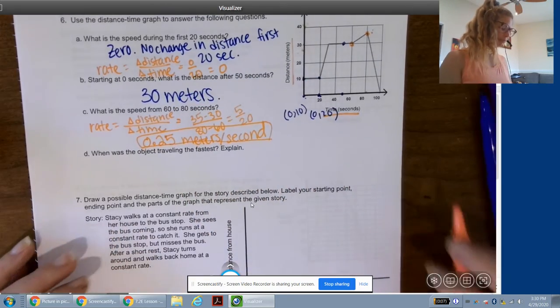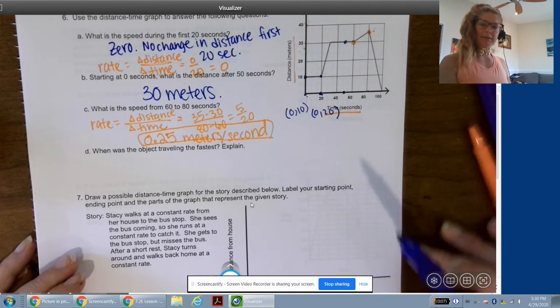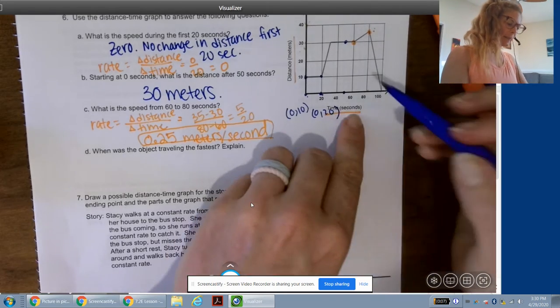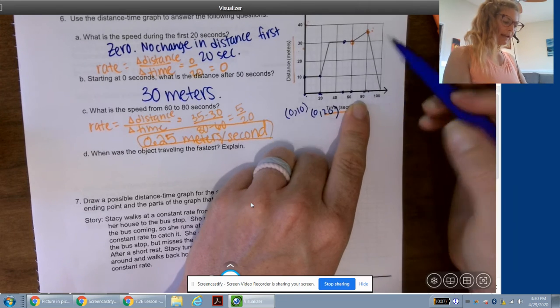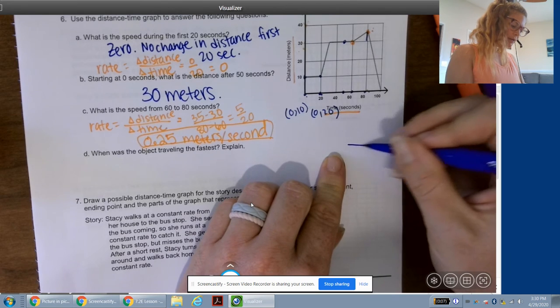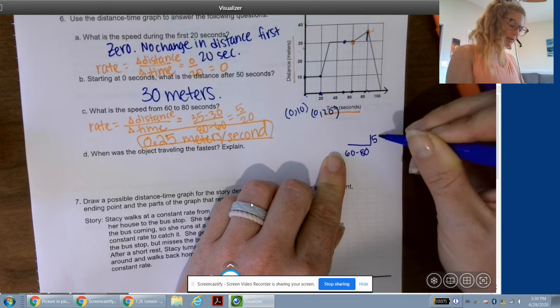Quarter of a meter. When was the object traveling the fastest? So we want to look for the steepest slope. It doesn't have to be the positive slope, it just has to be the steepest. So looking from 60 to 80, that is a 20-second interval, and we traveled 5 meters. So from 60 to 80, we traveled 5 meters.